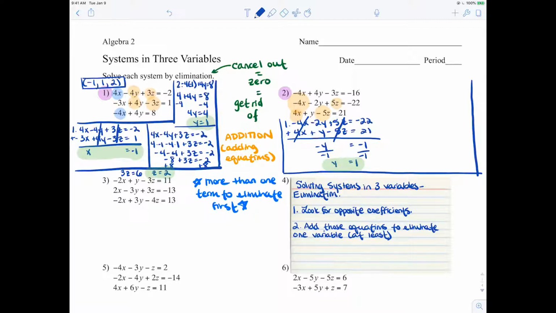Now, there's not an equation where there's just one more variable that I can find. I'm going to have to substitute this into 2 equations so that I can add those together to eliminate and find another variable. So watch what I mean. This y here, I can substitute into any of these equations, and I'm going to need to do that 2 times.